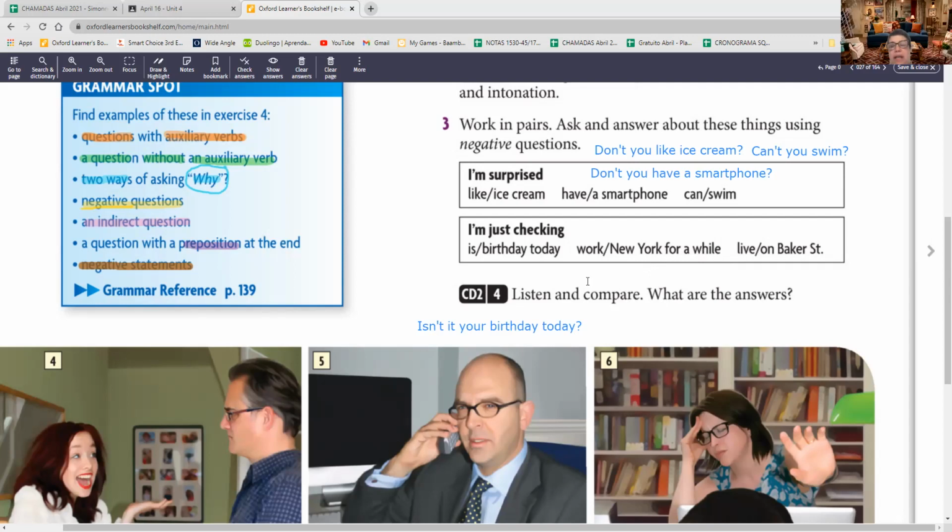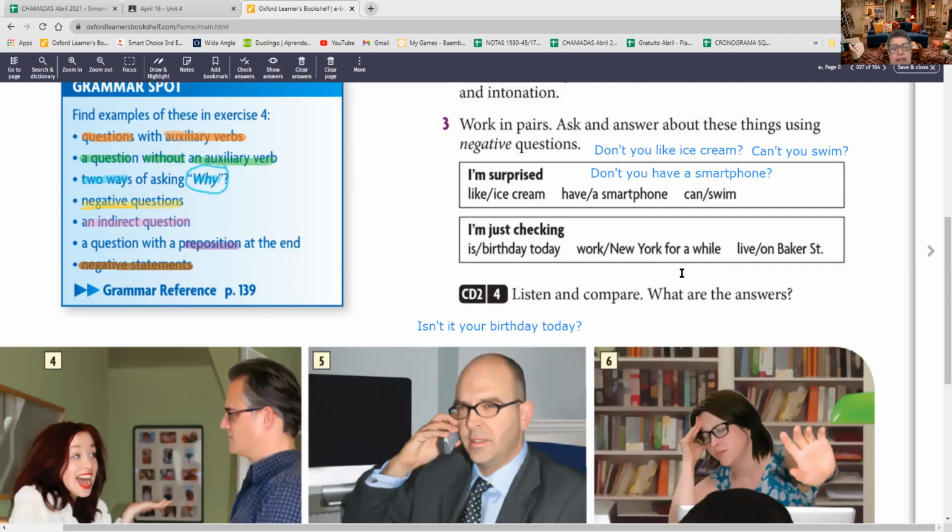It is a negative question, yes, but we just need to observe this expression here, for a while. For a while entails or gives the idea of something temporary. A temporary action, yes, a temporary action.